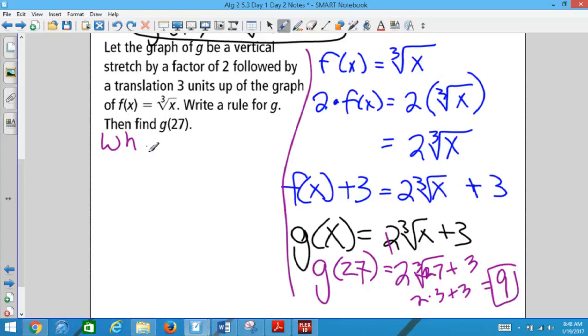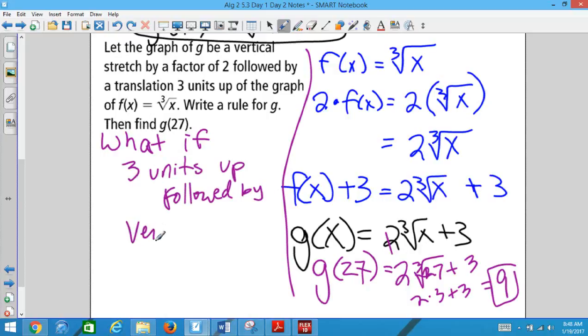Okay, I'm going to give you a moment to try this on your own. What if we did first the 3 units up, followed by vertical stretch by a factor of 2? What if we did it in that order?